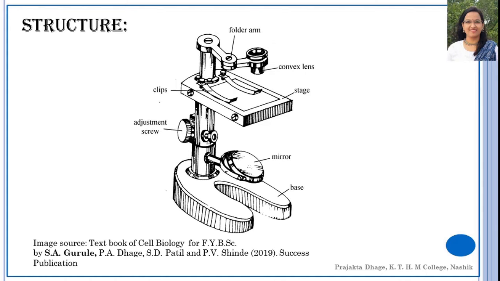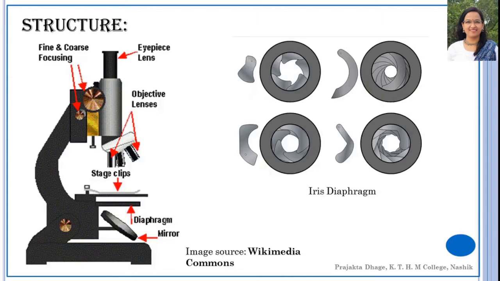Let's move on to a more complex structure, referred to as a compound microscope. In this particular diagram, what you see over here is a compound microscope. It is a sophisticated instrument which can magnify an object up to 1200 times.